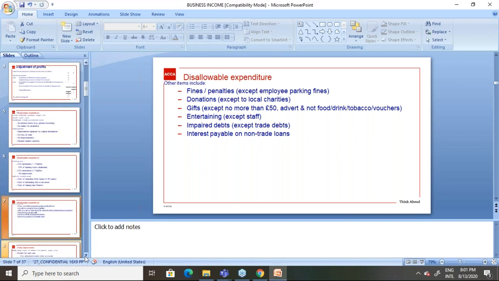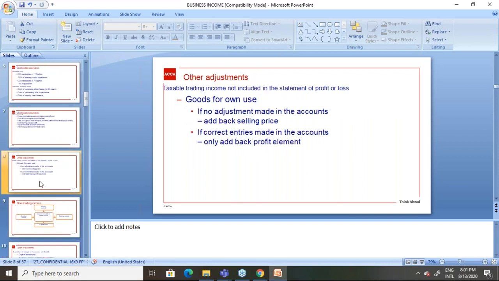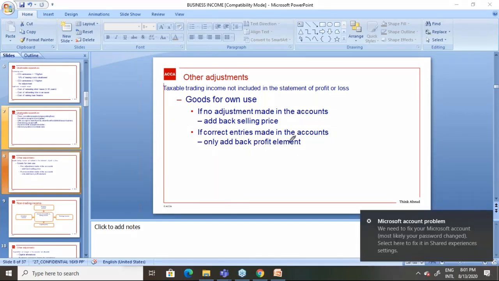Okay, right. Then other adjustments required: taxable trading income not included in the statement of profit or loss. Now, if you have obtained goods for own use, we call it goods drawings in accounting.